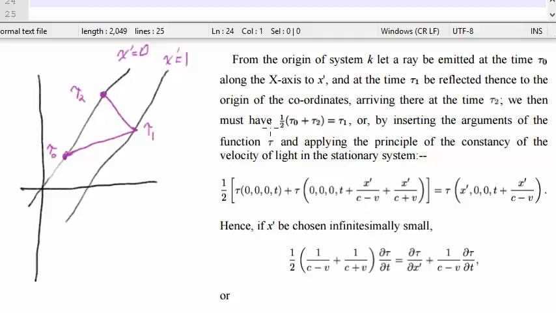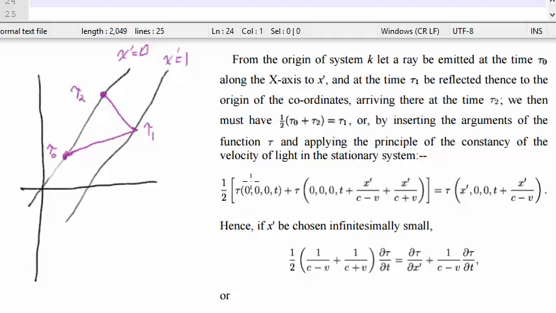We then must have 1/2 of tau 0 plus tau 2 equals tau 1, or by inserting the arguments of the function tau and applying the principle of the constancy of the velocity of light in the stationary system.